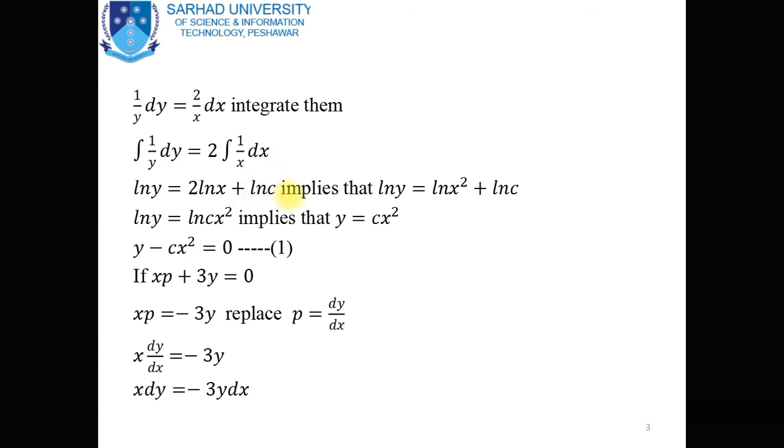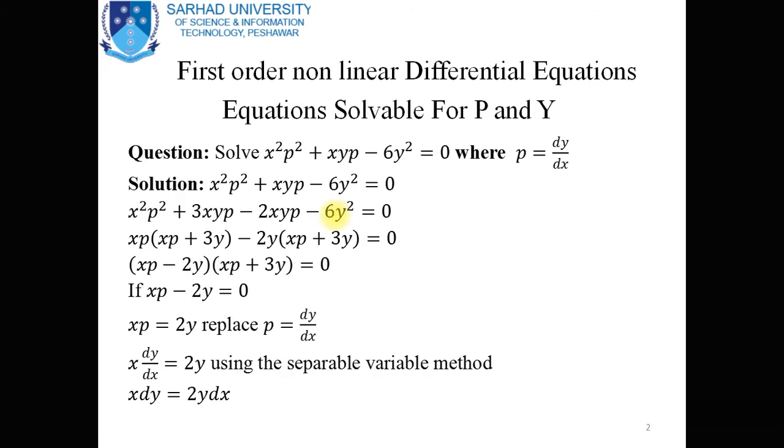Now we can write log y is equal to log x square plus log c, so log y is equal to log of cx square, and this implies that y is equal to cx square. This is the solution for the first factor, which is a first order differential equation.